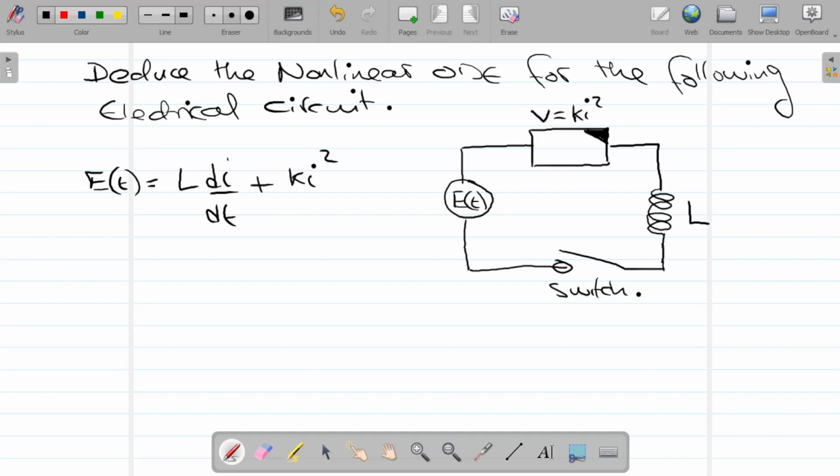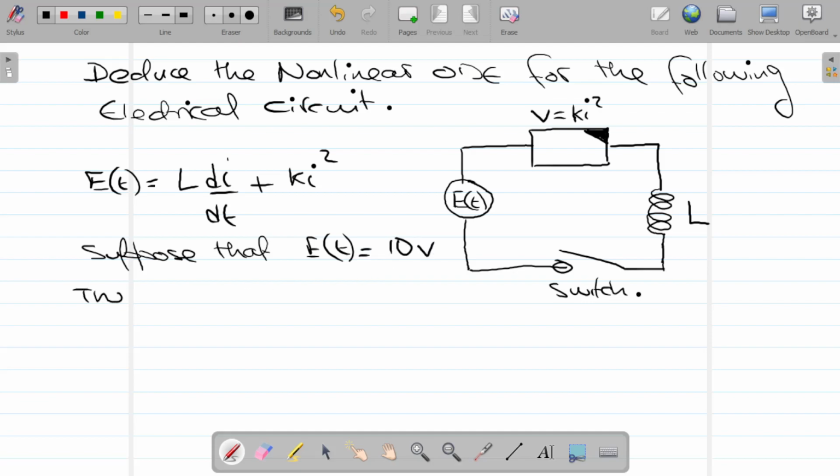So that is a differential equation that describes the circuitry in what we've drawn here on the right hand side. Now, for the sake of argument, suppose the voltage source E of t is equal to 10 volts.